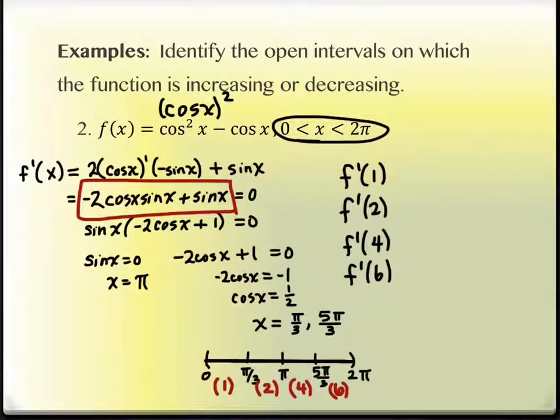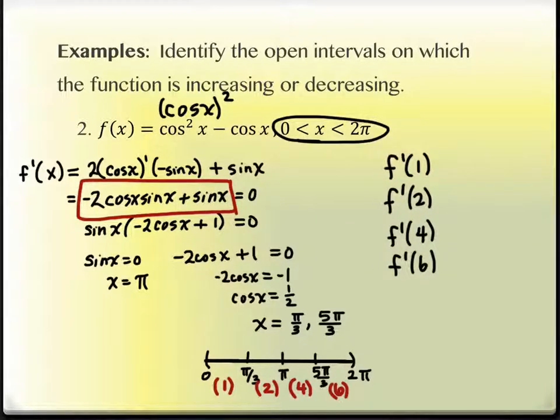And remember, all we really care about is what? The sign. Is it positive or is it negative? Okay, so plug those in. Figure out if you've got positives or negatives. And then we'll fill in our number line.